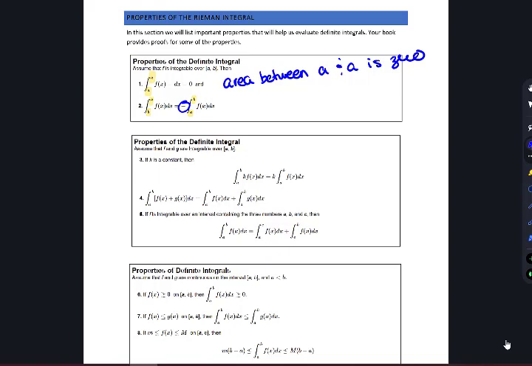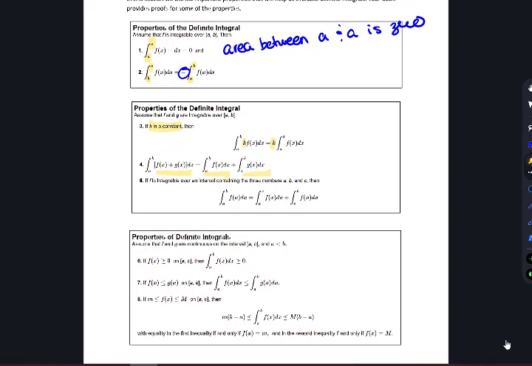Looking at the third property, notice we have if k is a constant, and here we have k times a function, we can pull that constant outside of the integration. The fourth property looks at if we have a sum of functions. If we're going to integrate a sum of functions, that's equal to the sum of the integrals.